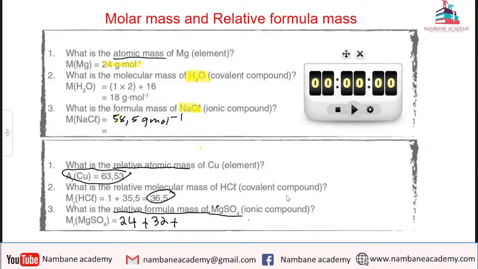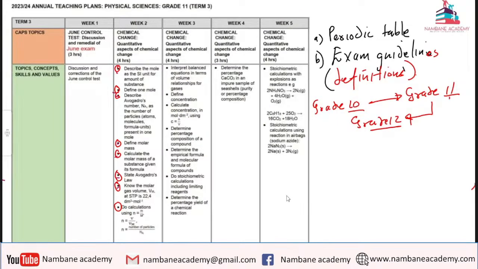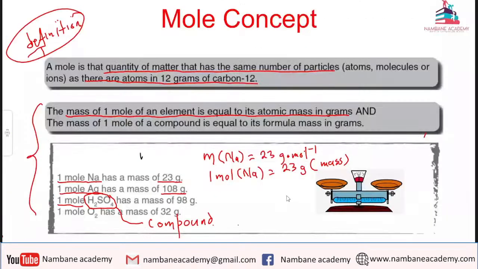So it basically says we are happy with now the important bullets here. The very first one, describe a mole, define a mole, define molar mass, calculate the mass of a substance for the given formula. So we are happy with that. Now, when we are happy with that, it basically says what must be done now immediately after that.